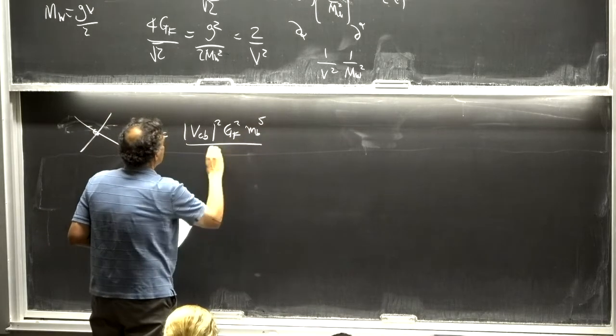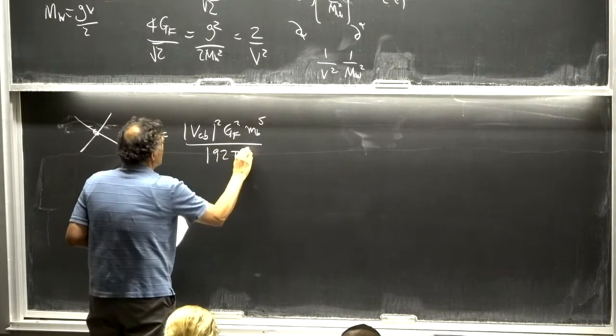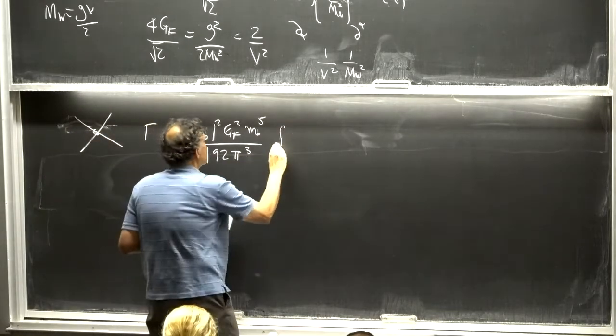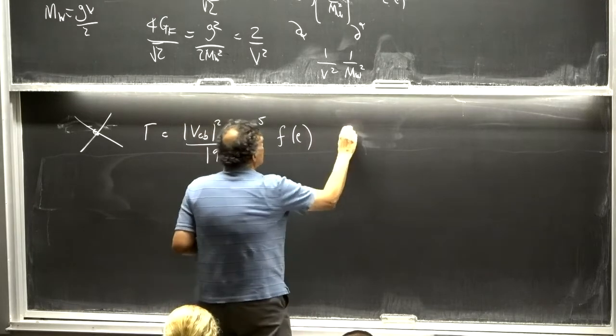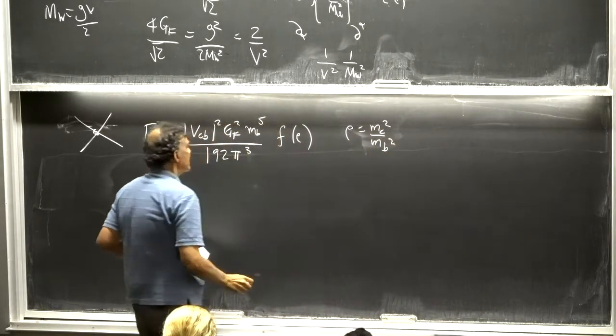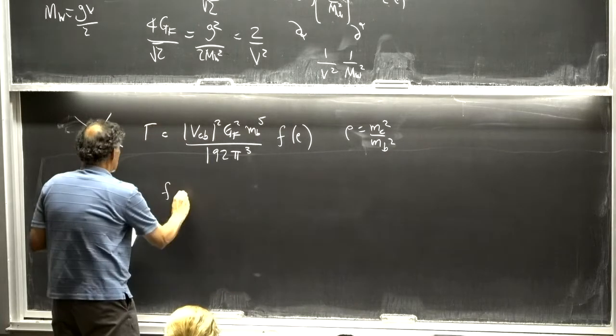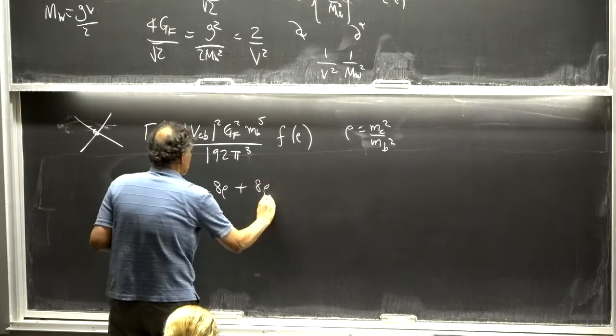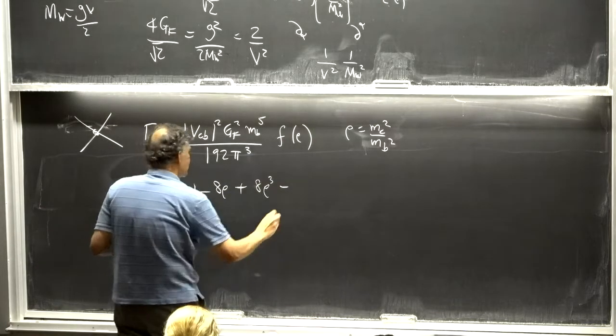So if you haven't done this, you should do it. There's the corresponding thing for the muon. And then there's some function of rho, where rho is mc squared over mb squared. And this function is 1 minus 8 rho plus 8 rho cubed minus rho fourth.